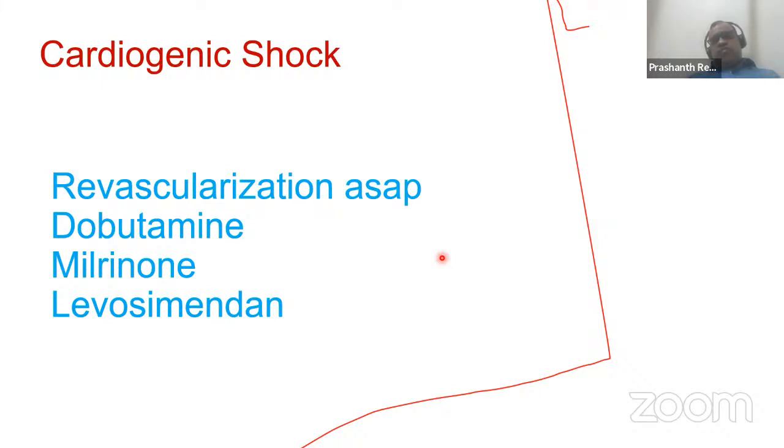It is better to avoid any sympathomimetic, because starting a sympathomimetic without hypotension would be detrimental. It can cause cardiac toxicity. So revascularization is the initial treatment of choice. If it is not available ASAP, then start dobutamine or milrinone, and then levosimendan.